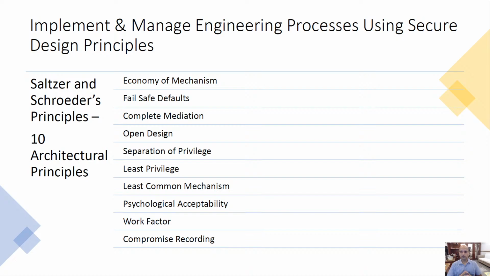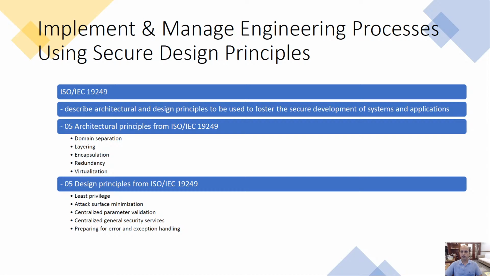These are the 10 architectural level principles for secure design, right? Maybe the names are different in different sources, but all these 10 principles we are using in our day-to-day security activities. Let's go through each and every principle one by one.